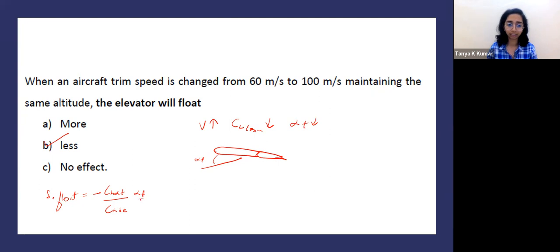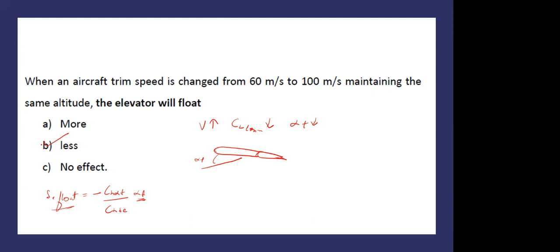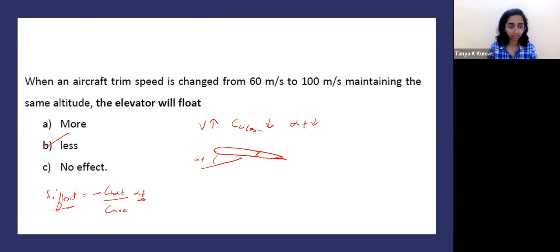So the angle of attack at the tail reduces, delta E float will be less. Yes. This is the relation. He is right. It depends on the angle of attack at the tail. So since your angle of attack at the tail reduces, delta E float will be less.